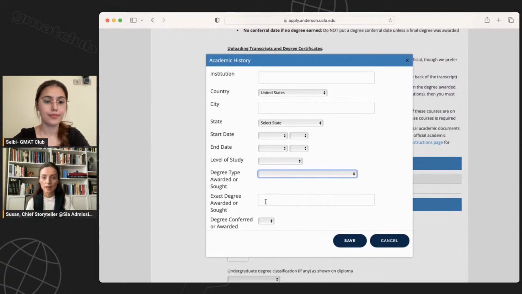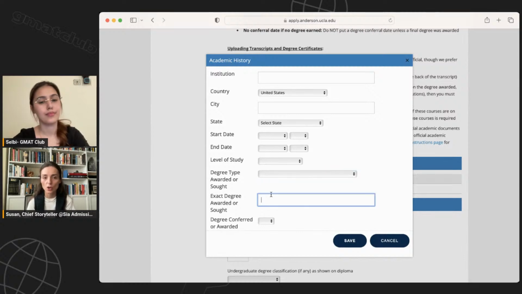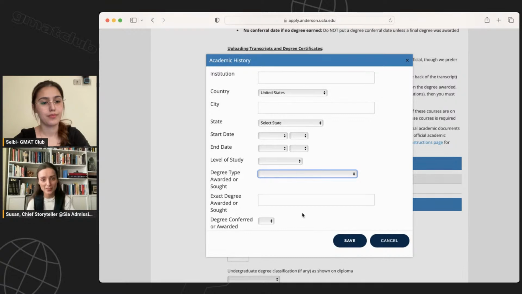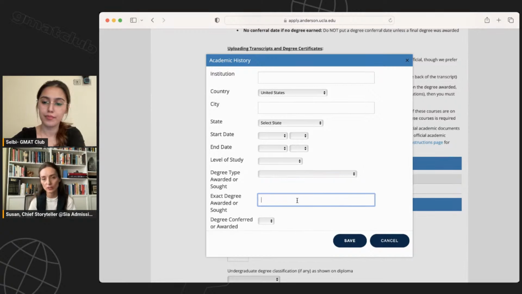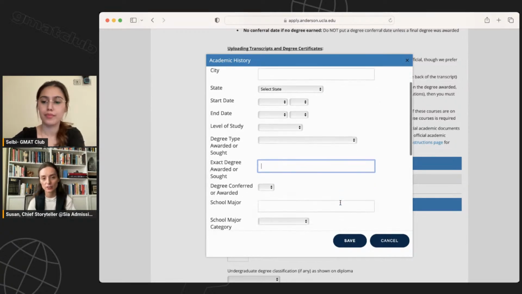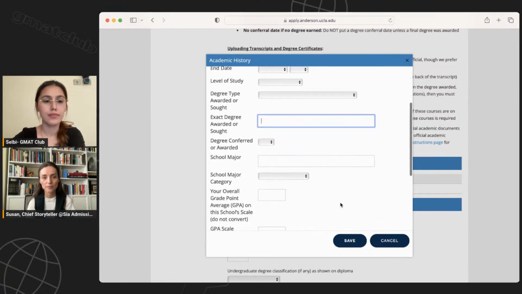And then the exact degree awarded. Here, obviously, you don't have all the options available from all the schools, so choose one that best matches the degree that you have received. And then in the box here, you can type the actual degree that you were awarded.